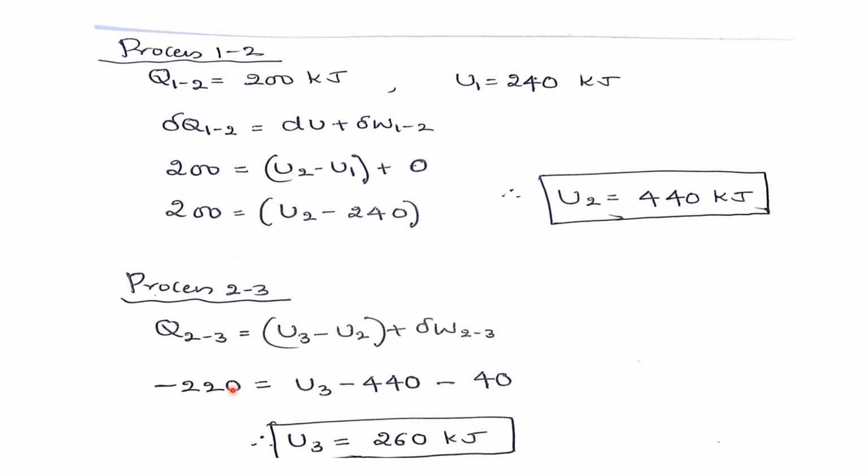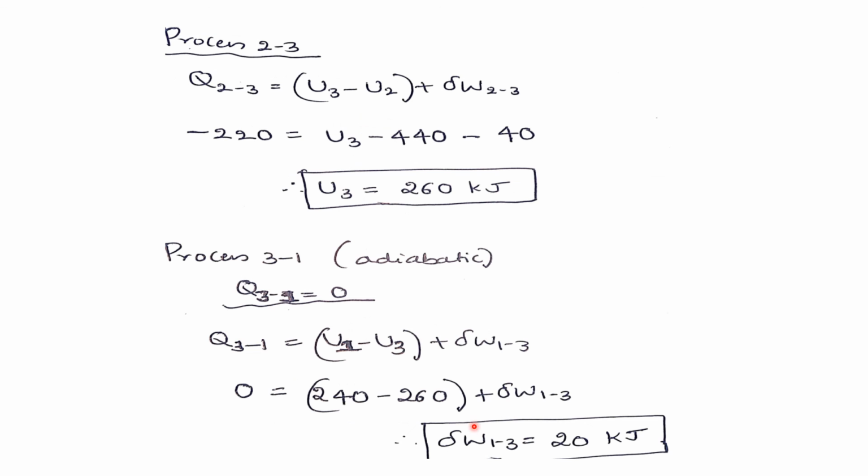Minus 220 equals U3 minus U2, which is 440, minus 40, because 40 kilojoules of work is done on the system. When work is done on the system, we consider it negative. So by solving this equation, internal energy at point 3 will be equal to 260 kilojoules.